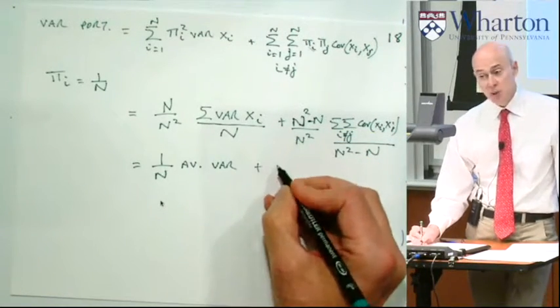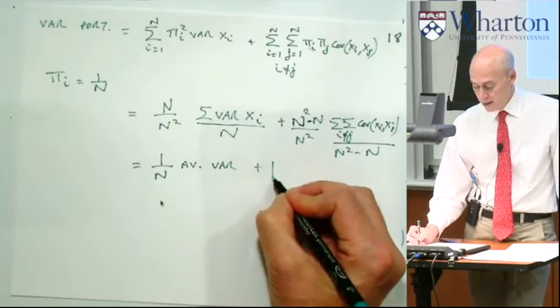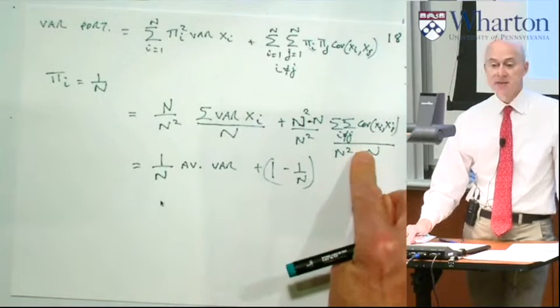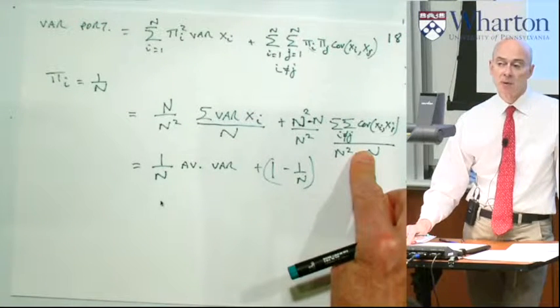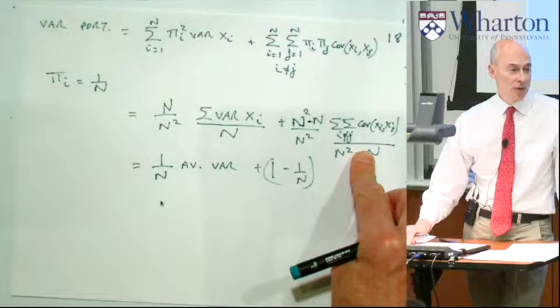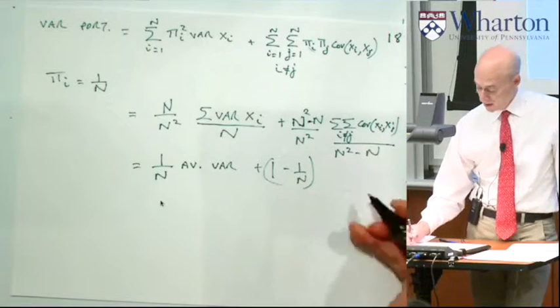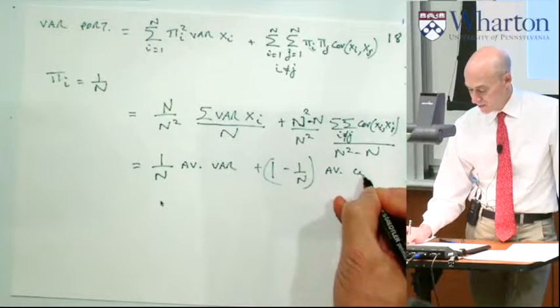So n squared over n squared is 1. n over n squared is 1 over n. And then this term is just, if we add up all the covariances and divide by their number, the average covariance.